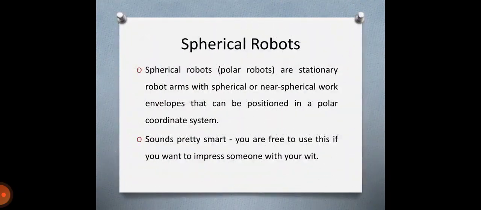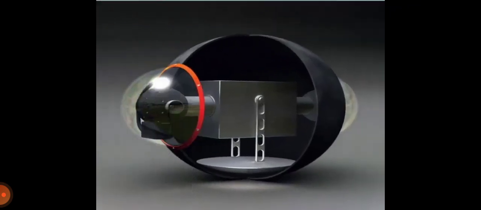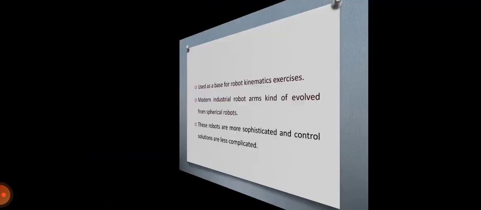Spherical robots. They are polar robots, stationary robots with a spherical shape. They can be positioned in the polar coordinate system. They are pretty smart, easy, and free to use. This is a model of a spherical robot.